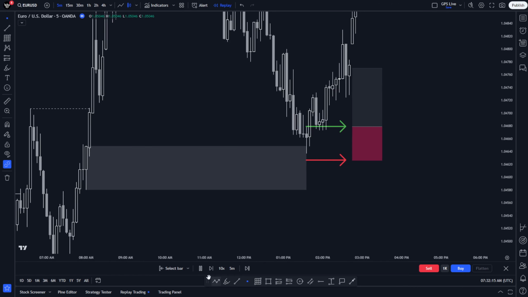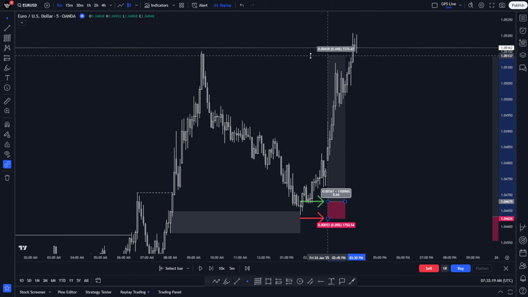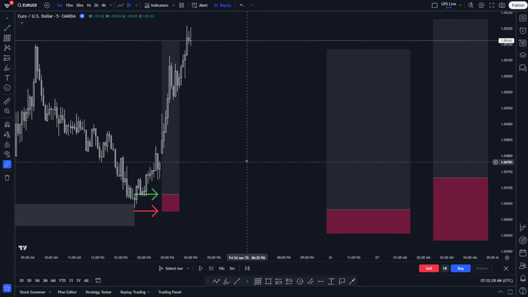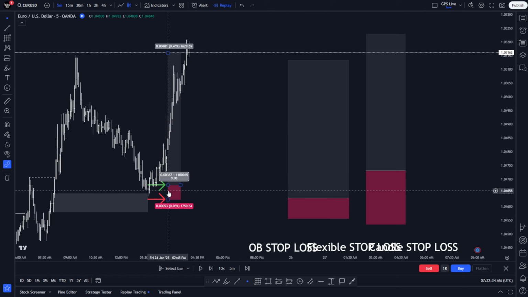The market goes up and the TP is in the same place, which is about right here, and we get about 9 RR. Obviously this won't happen every single time, but sometimes the candle size may be bigger, which means the stop loss will be bigger and the RR will be significantly lower.